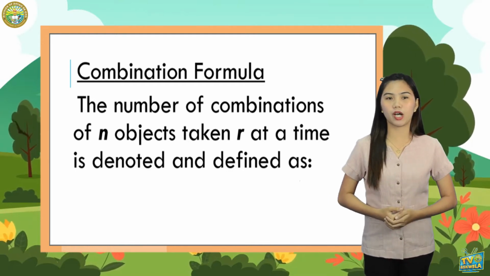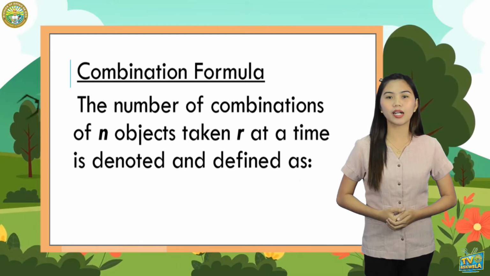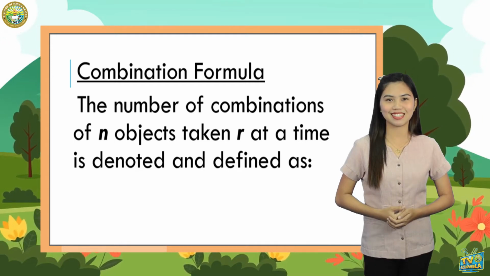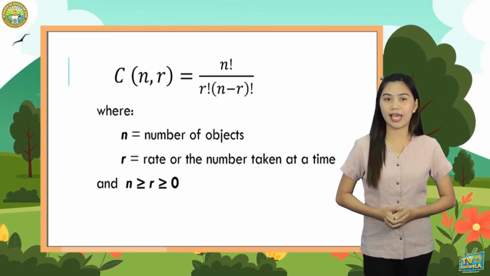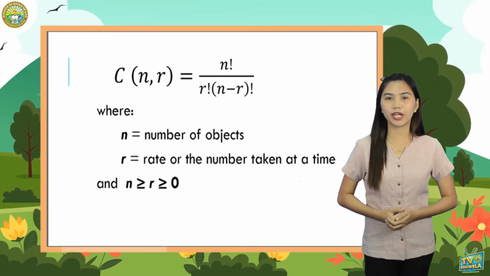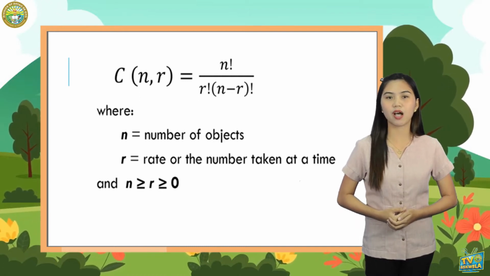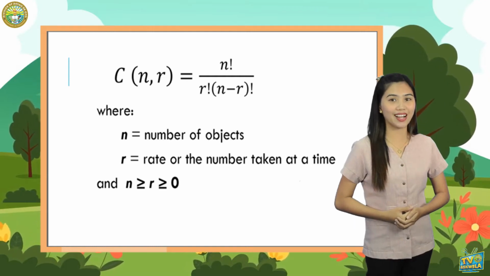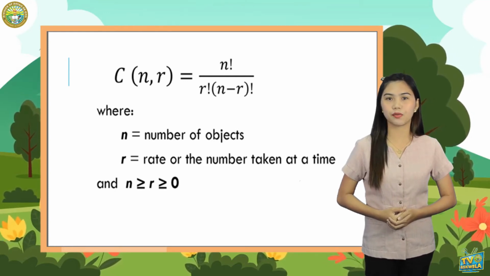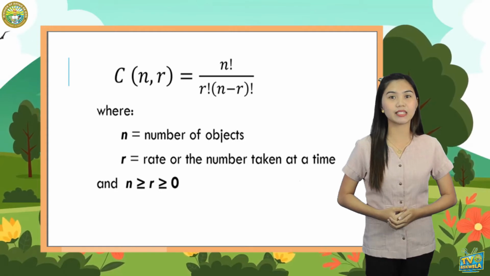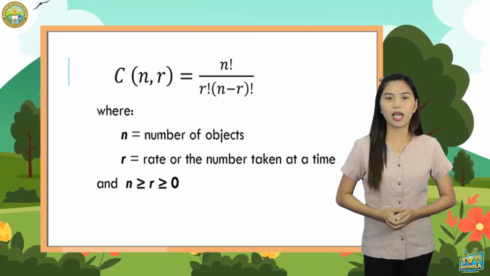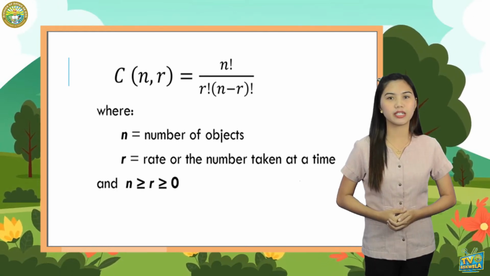The number of combinations of n objects taken r at a time is denoted and defined as C(n,r) equals n factorial over r factorial times (n minus r) factorial, where n equals the number of objects, r equals the number taken at a time, and n is greater than or equal to r, and r should be greater than or equal to 0.